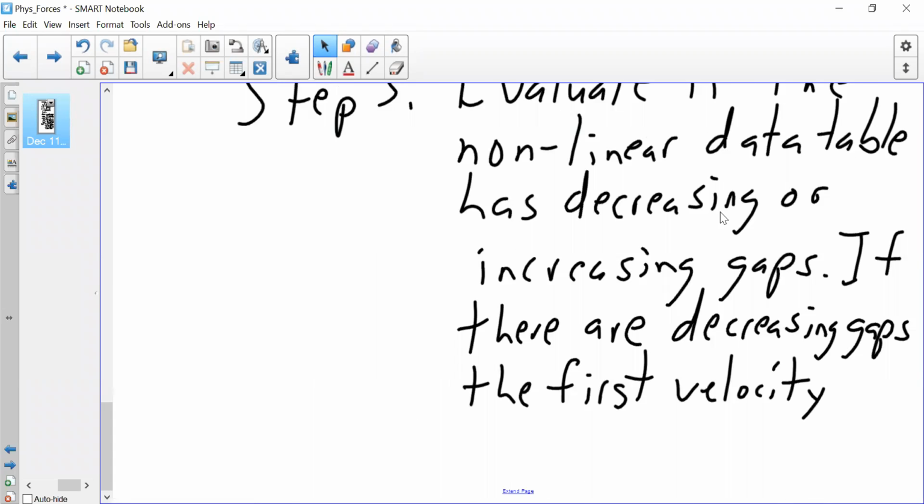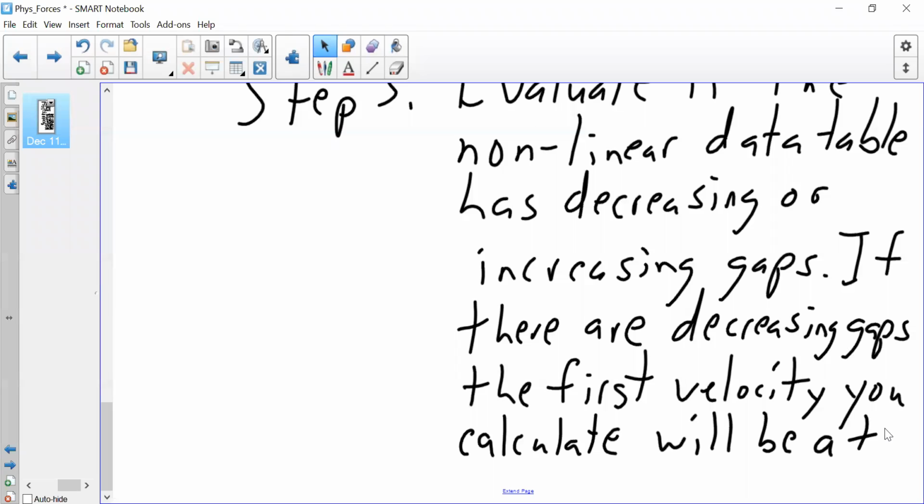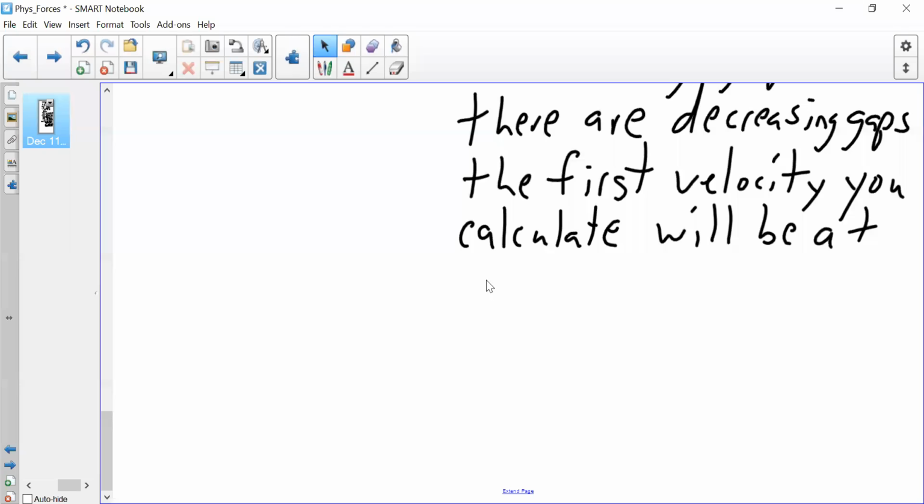You always start off with the first time in the interval in the set. So if there are decreasing gaps, the first velocity you calculate will be at your first time.